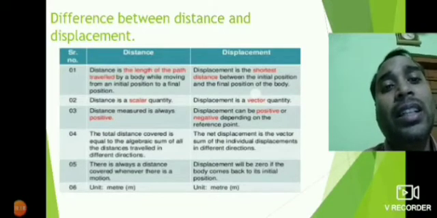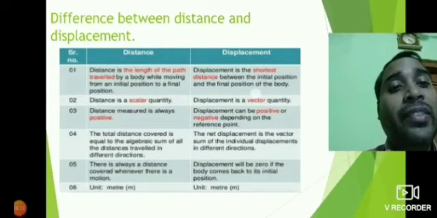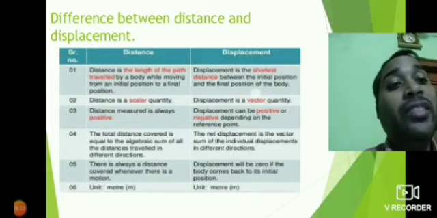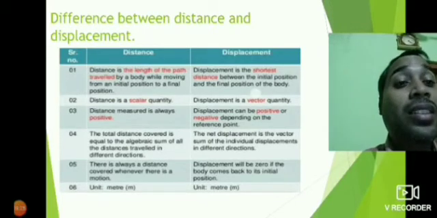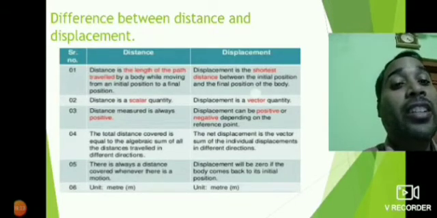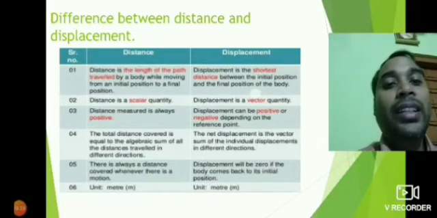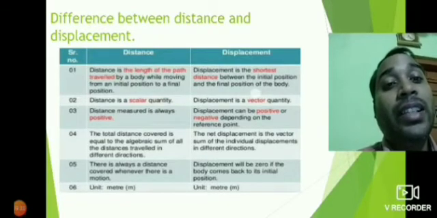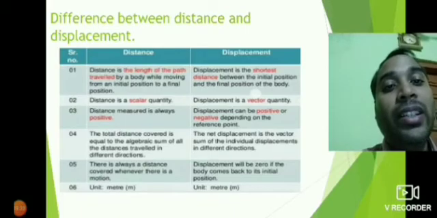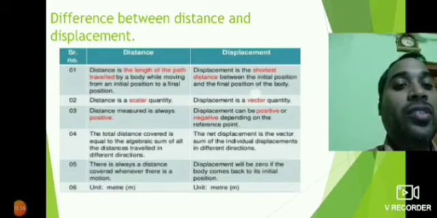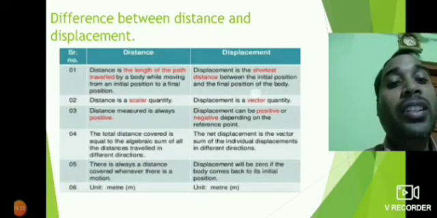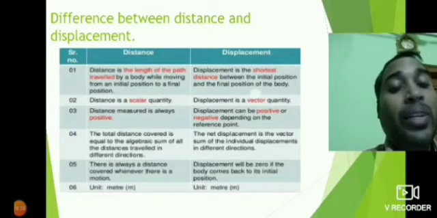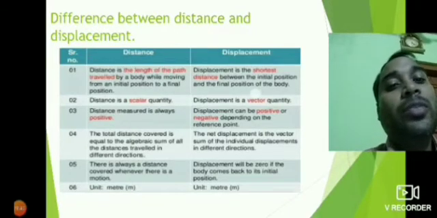Then distance measured is always positive, whereas displacement can be positive or negative, or it can even be zero depending on the reference point. Then the total distance covered is equal to the algebraic sum of all the distances traveled in different directions. So we have to consider the algebraic sum of all the distances of the paths through which the object moves.